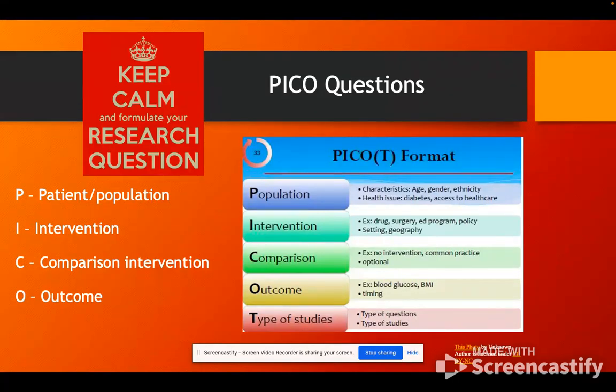What you hope to achieve. And then T, sometimes you will see T added on to the end of that as well, and that could be the type of questions or type of studies. But for all of your questions, whenever you are starting research, you're going to start with this PICO question to help guide the research you are looking into.